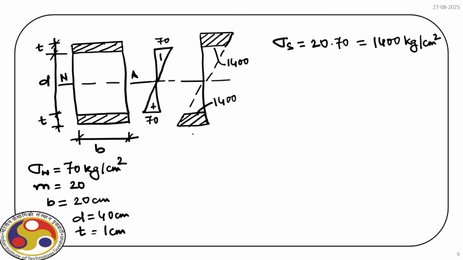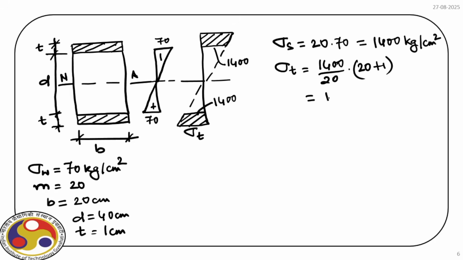Now, if sigma T is at the extreme fiber, then sigma T is equal to 1400 divided by 20 into 20 plus 1, right?